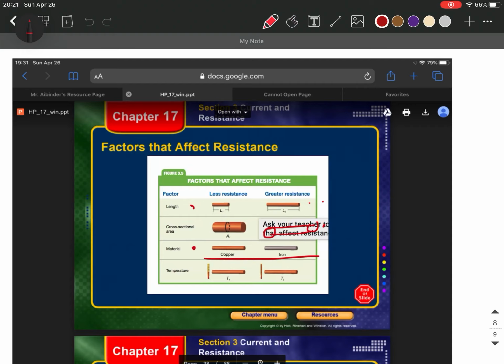However, iron would never be the material used to make up your wires, because iron is a high resistance material, which means that when an electrical current goes through it, it would warm up. So materials such as iron are used when you want to produce heat with an electrical current, such as in your stove or in your hair dryers or in the iron that you use to iron your clothes.